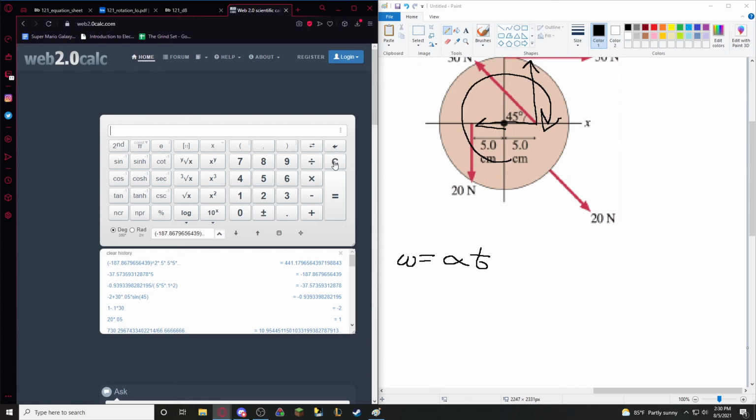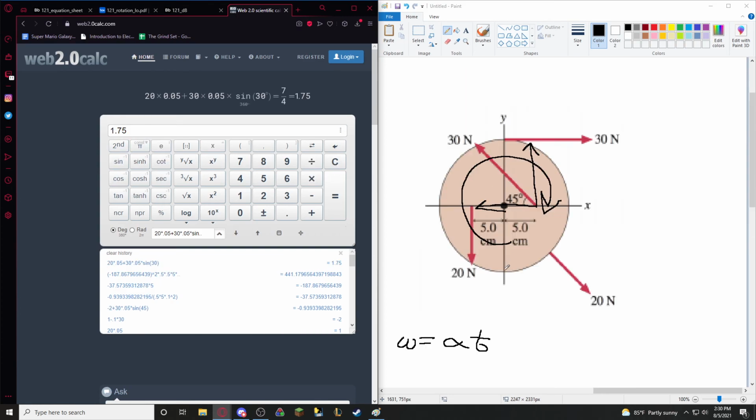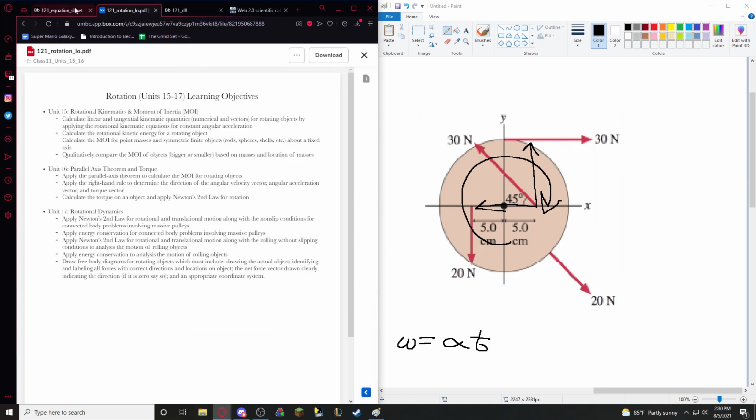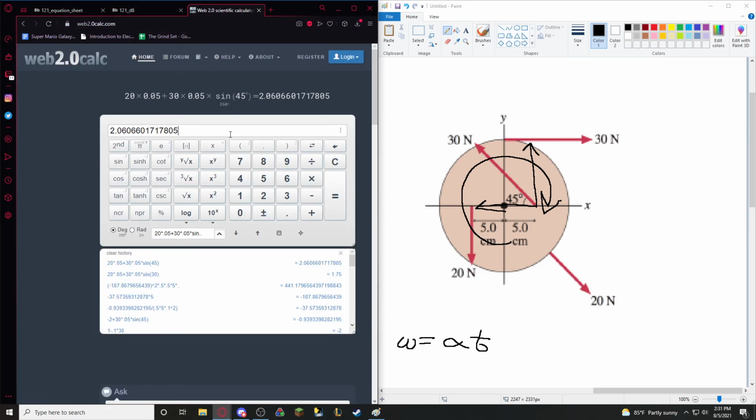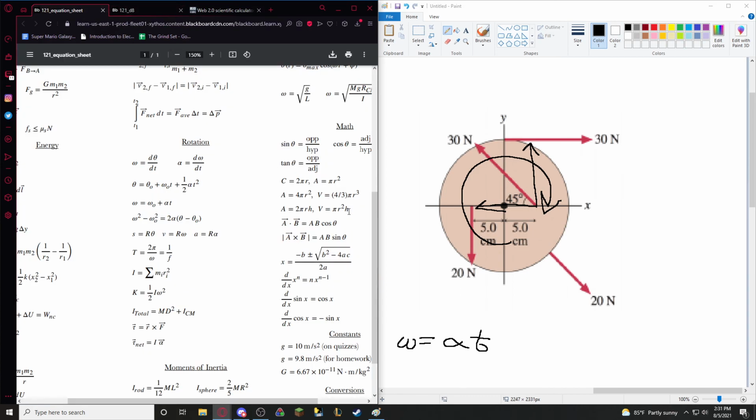And then find our total net torque, and so we could then find our new acceleration because we still know what the inertia is from our previous.